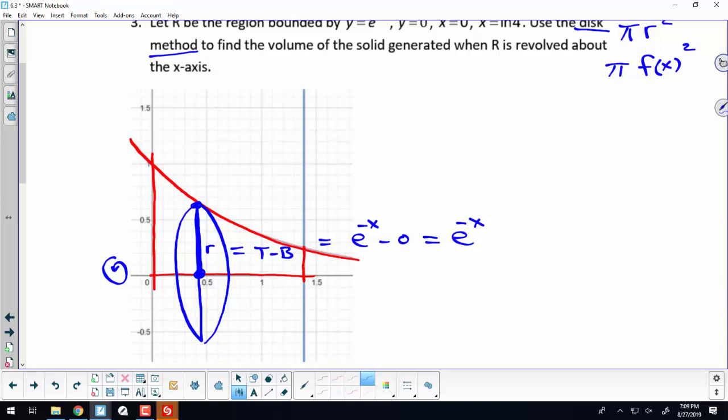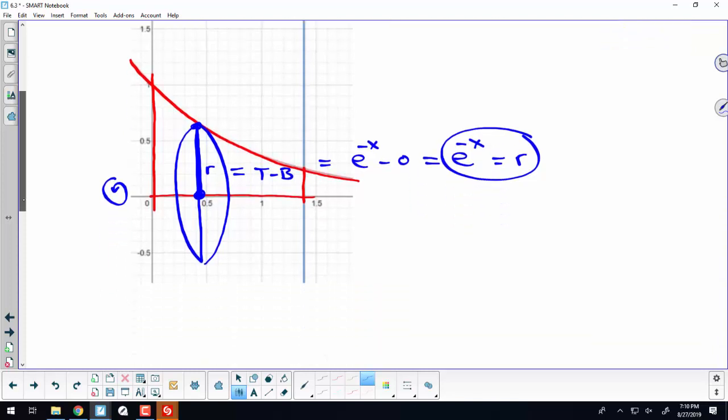So then we have r over here, but let me just write it here. To be specific, those all vary, determined by that function of x. So this f of x that we're integrating is just e to the negative x.